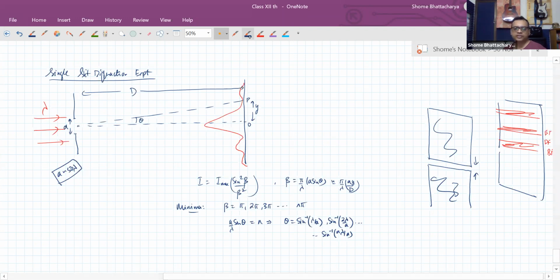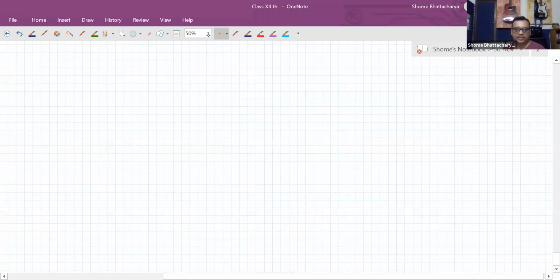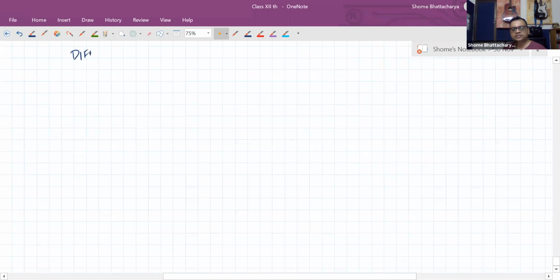But if we change the geometry to a circular aperture, then there is a slight difference in the formula as well as the geometry. So, diffraction from a circular aperture.